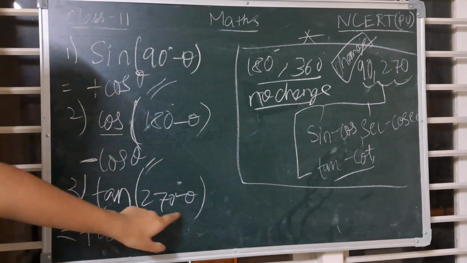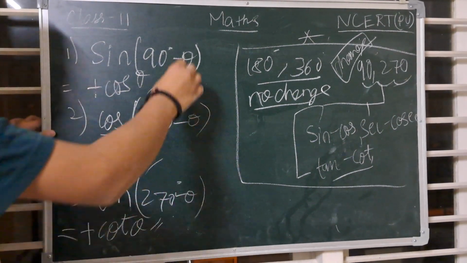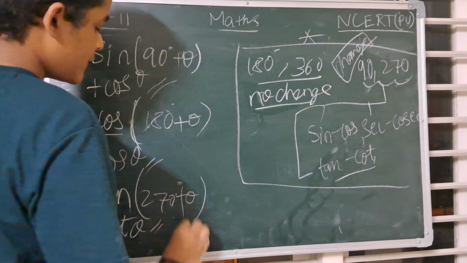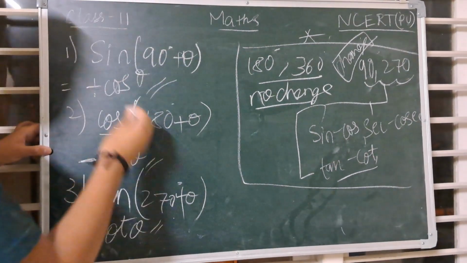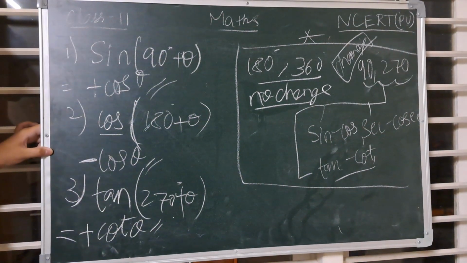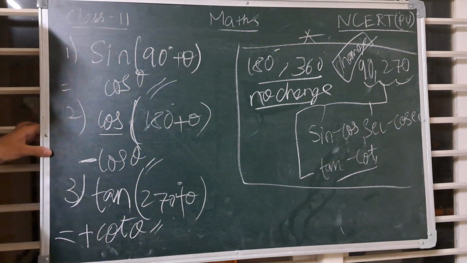Another thing is that there is 360 minus theta, and you can form the plus version also. If it is plus, then the sign will change.